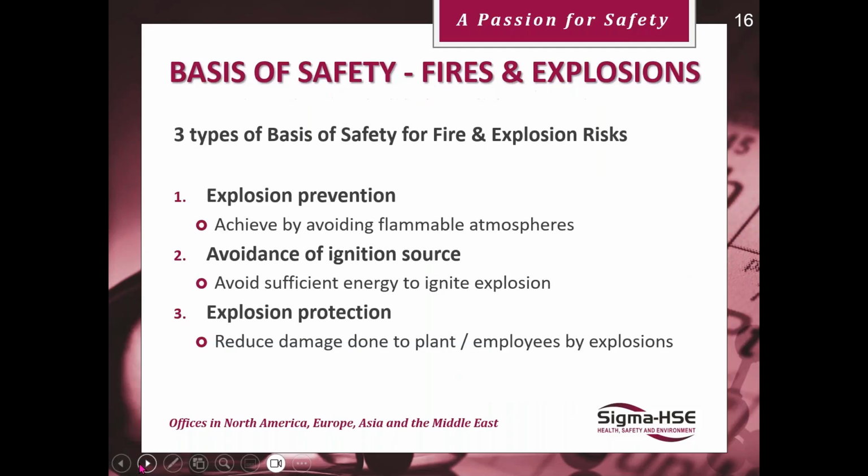There are three types of basis of safety for fires and explosions, and each one that you choose will depend on many things like I've just shown you. And when you've selected your basis of safety, you have to prove that it's suitable for your process and that you haven't missed something out. You could start off with explosion prevention, achieved by avoiding flammable atmospheres.